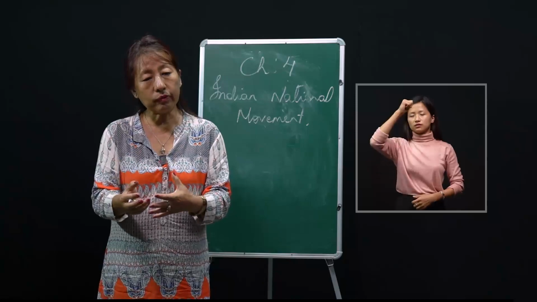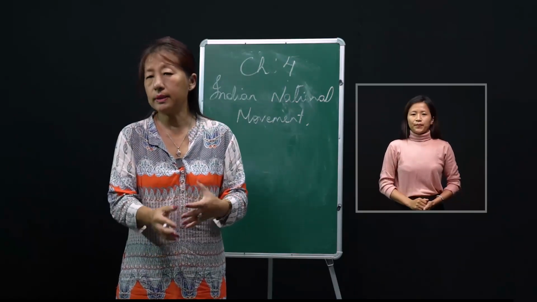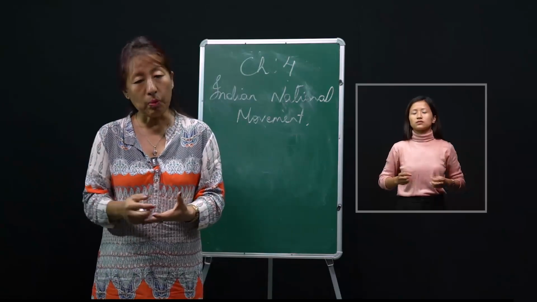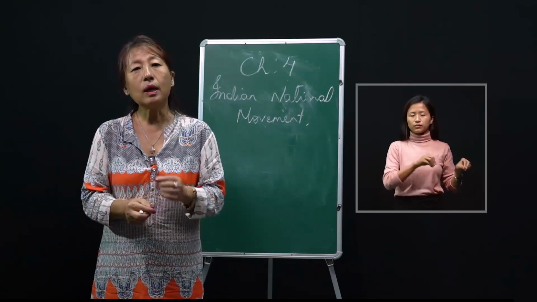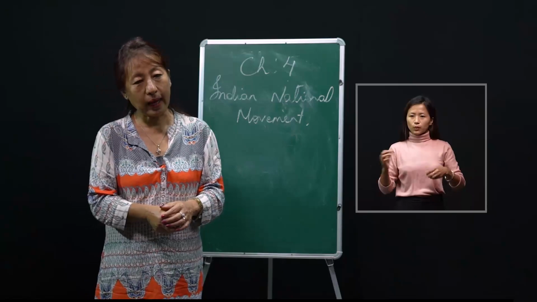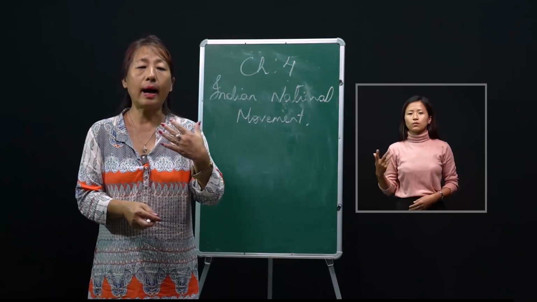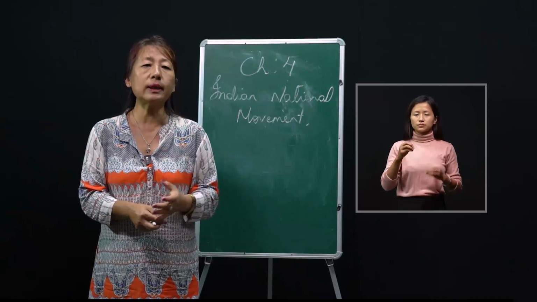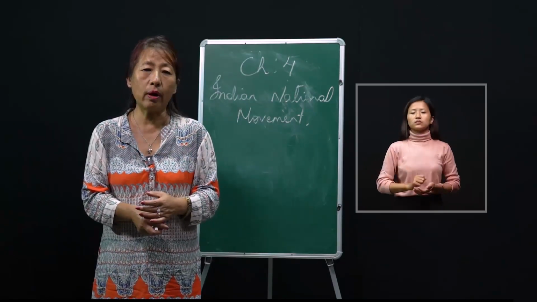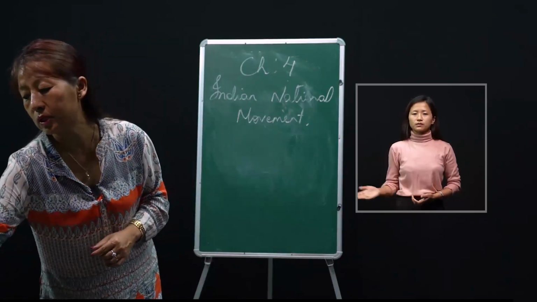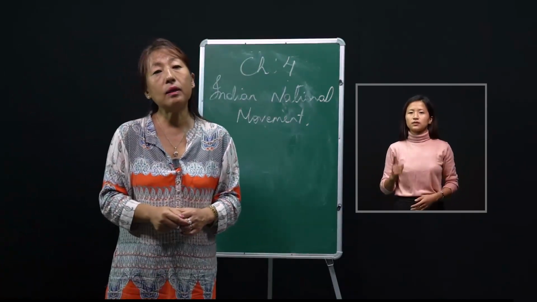Because of this, the Congress again had a meeting and decided to start a new movement, which is called the Quit India movement. It meant asking the Britishers to quit India, that is, to go away from India. This Quit India movement started in 1942.